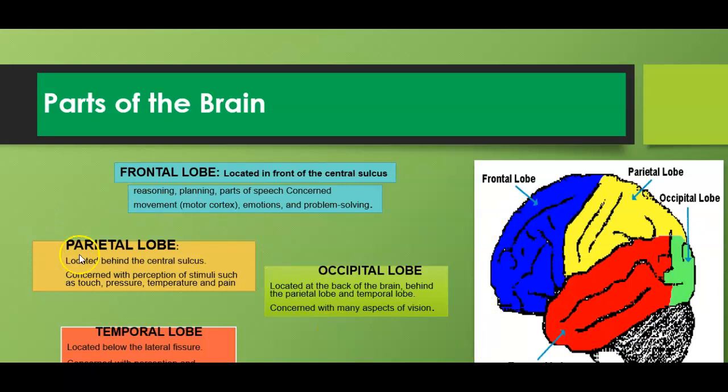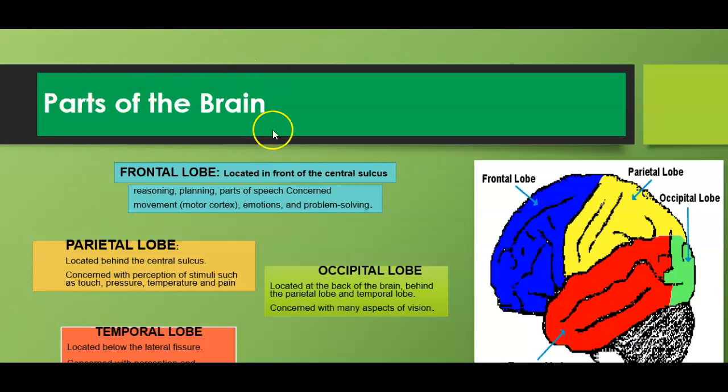The parietal lobe is located behind the central sulcus, and this is the yellow part here. The parietal lobe is concerned with the perception of stimuli, such as touch, pressure, temperature, and pain.